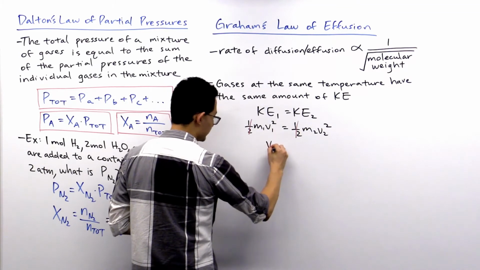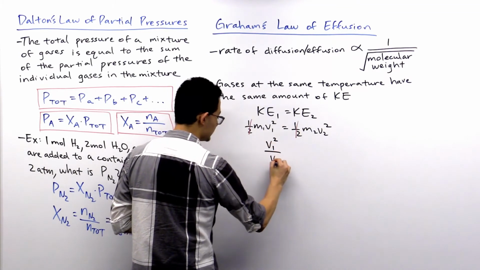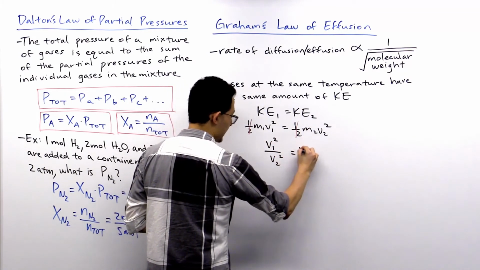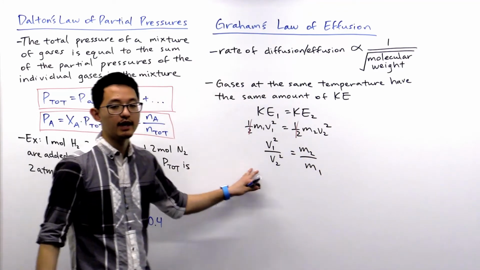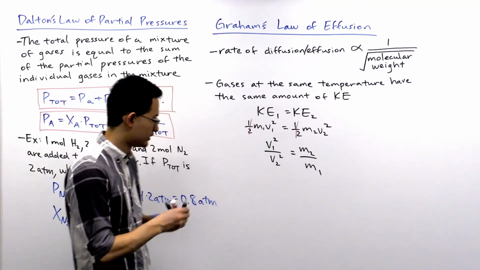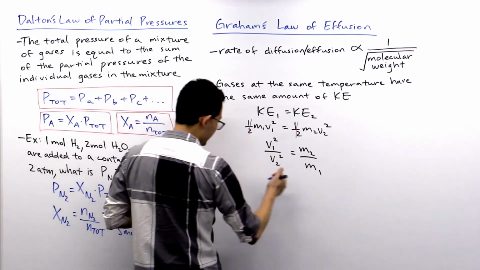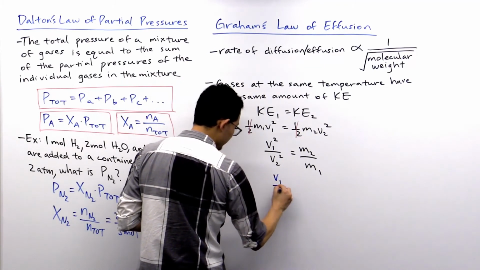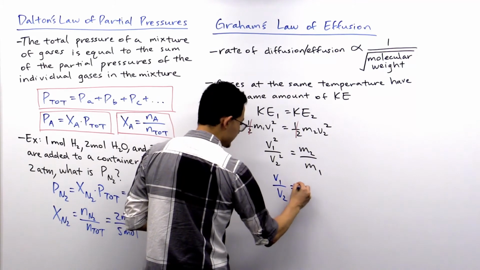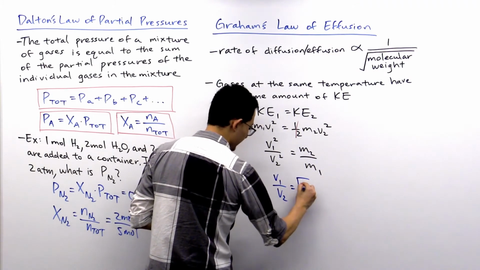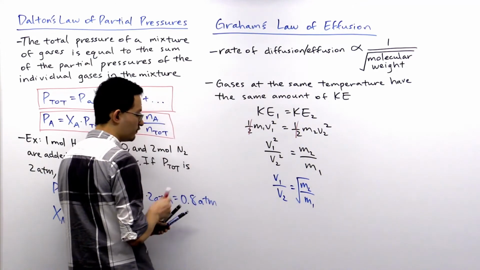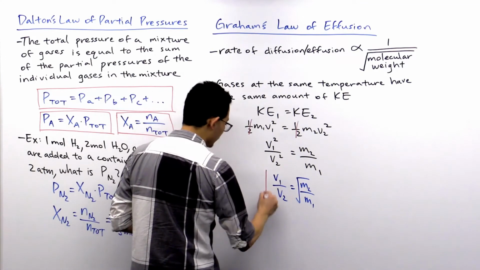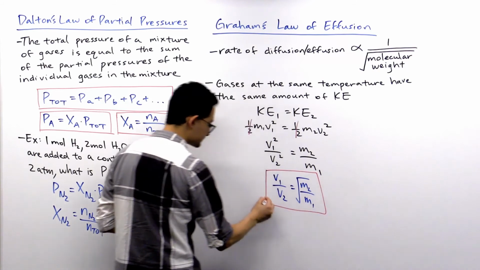That's going to leave us with v1 squared over v2 squared is equal to m2 over m1. And finally, I'm going to take the square root of both sides. If I do that, I'll be left with v1 over v2 is equal to the square root of m2 over m1. And this is the typical form of Graham's law of effusion.